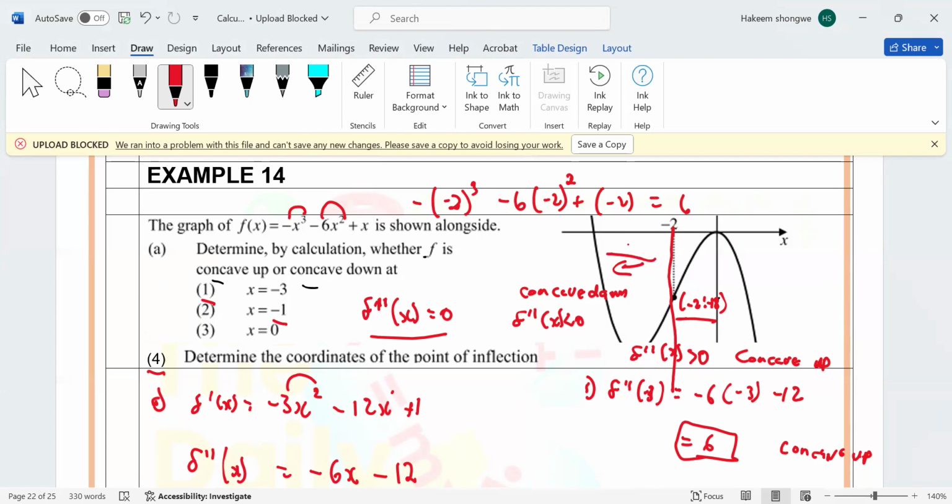If I go this side, it's looking upwards. So when x is less than minus 2, the graph is looking upwards. If I go this side, it's looking downwards. When x is greater than minus 2, this is looking down. Now let's try the following thing.